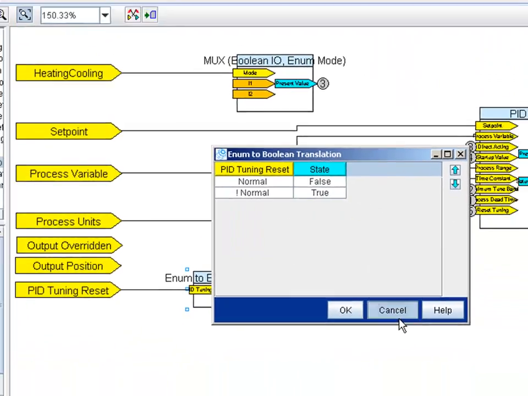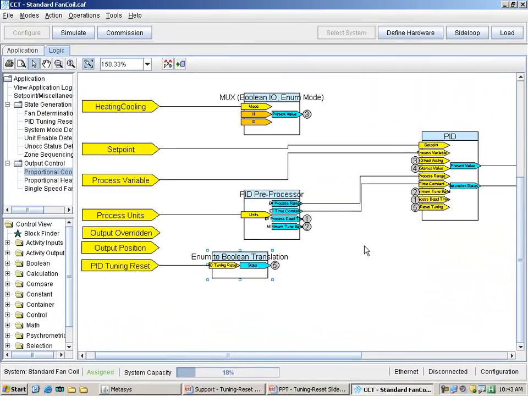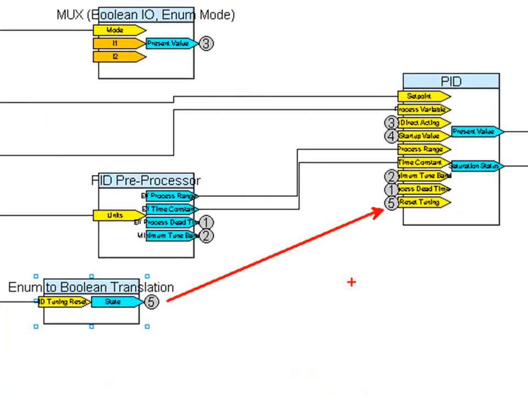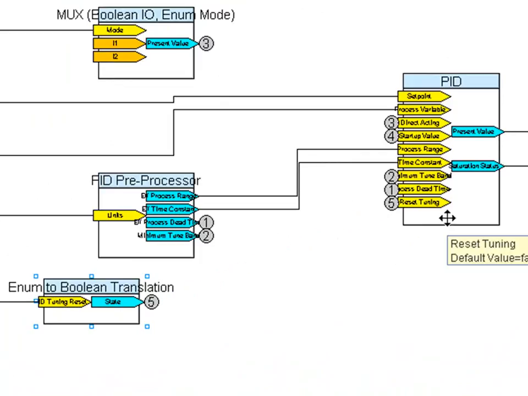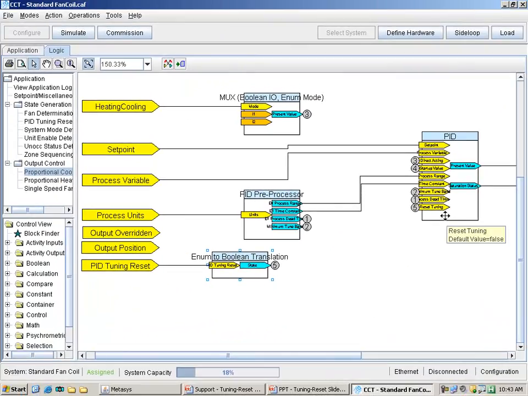And this true signal is connected to the reset tuning connector of the PID block. Therefore, this PID will go into a reset tuning state only for that transition of 5 seconds for this one PID block. Now let's go and take a look at a timing diagram of how this is all put together.